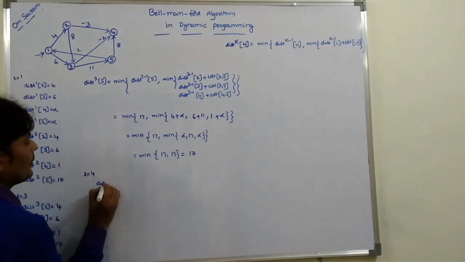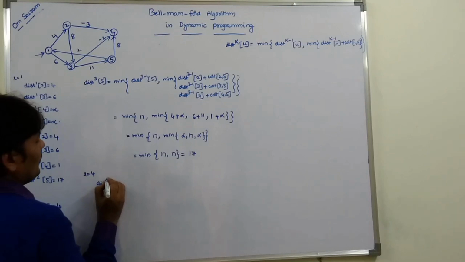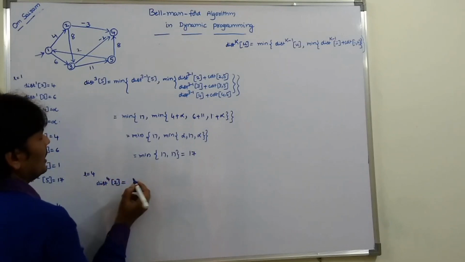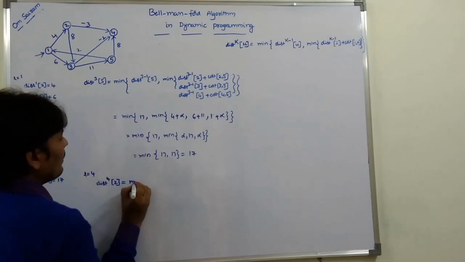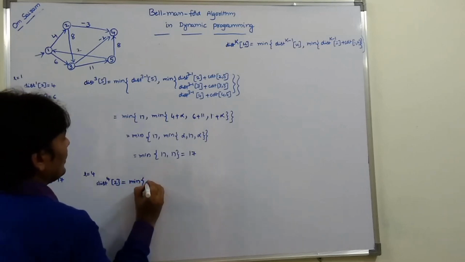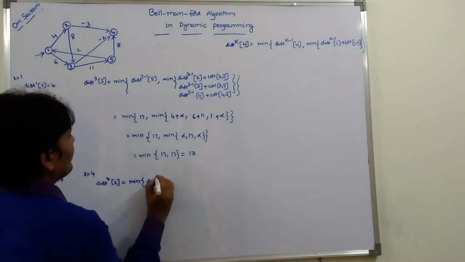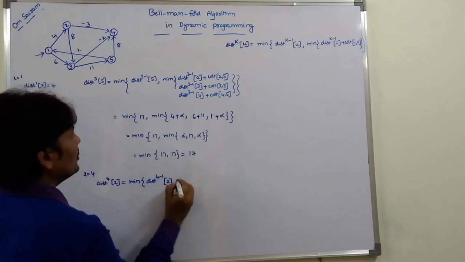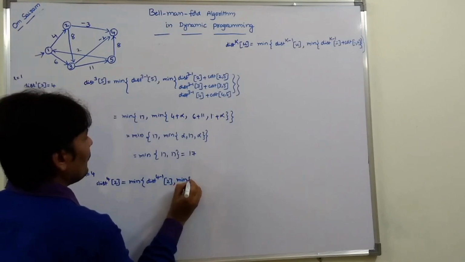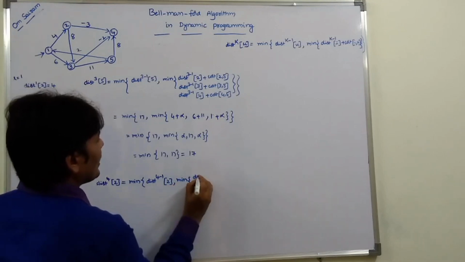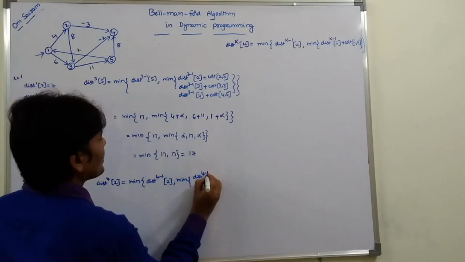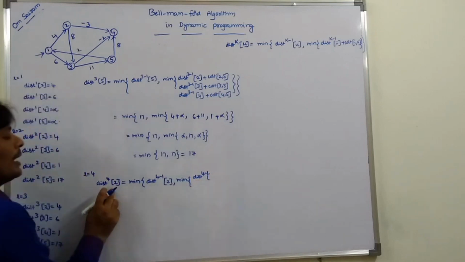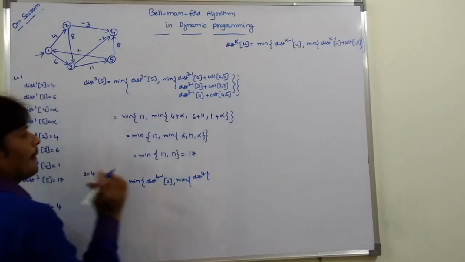DIST 4 of 2. So that is equal to minimum of DIST 4 minus 1 of u value is 2. So minimum of DIST 4 minus 1 of i. What are the remaining vertices? 3, 4, 5.